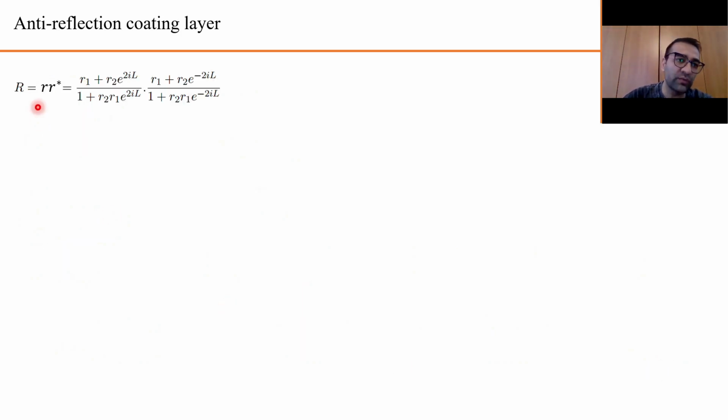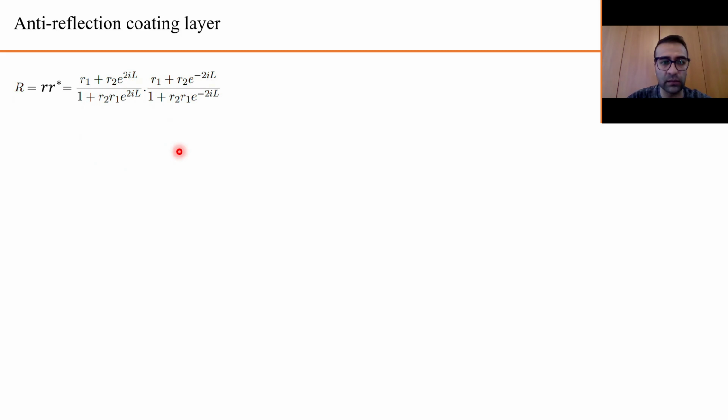And as I mentioned, we are interested in this value, that is r times the complex conjugate of itself, and we know that when we have a complex number, you can easily calculate the complex conjugate just by replacing i with minus i. Therefore here we will have r1 plus r2 exponential of 2iL, and here we will have r1 plus r2 exponential of minus 2iL.